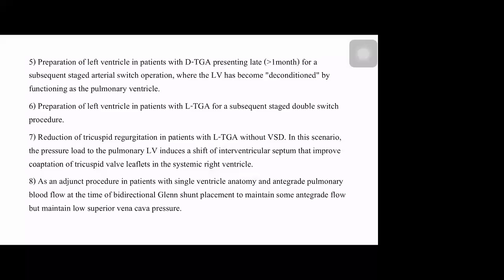Now, preparation of the LV in a patient with LDGA for a subsequent staged double switch procedure. Reduction of TR in patients with LDGA without VSD, and as an adjunct procedure in patients with single ventricle anatomy who have antegrade pulmonary blood flow at the time of PD Glenn, to maintain some antegrade flow but maintain low superior vena cava pressure.